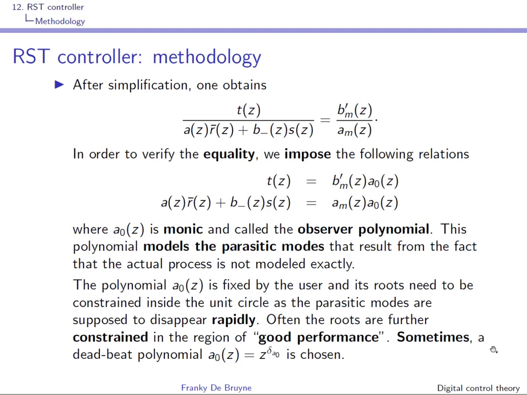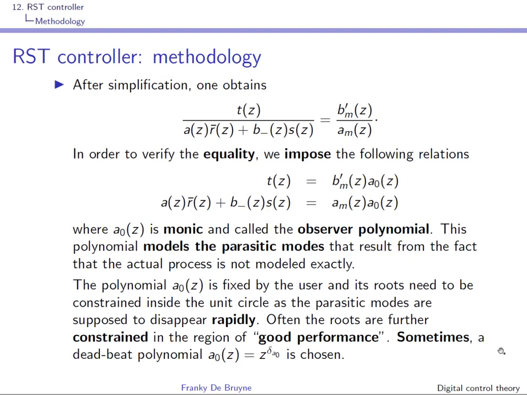In the next topic, we'll deal with load disturbances, output disturbances, and sensitivity to noise. Load disturbances had been tackled in the two previous videos about the RST controller, but we'll also deal now with output disturbances and, very important, sensitivity to noise.